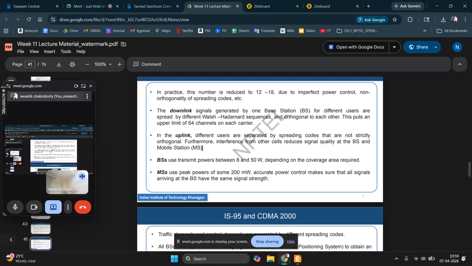But in the uplink, because the detection capabilities of the receiver at the base station are much better than the mobile users', the separation is not very strictly enforced, because even if there is imperfect separation, the receiver, due to its superior detection capability, can decode the users.